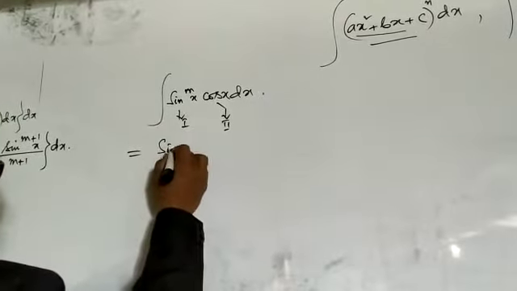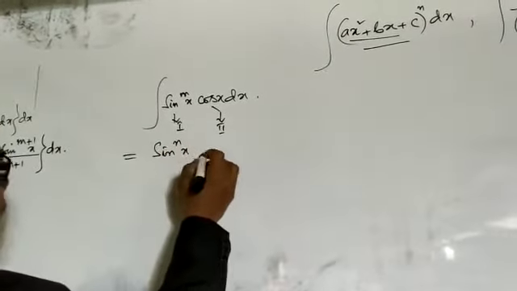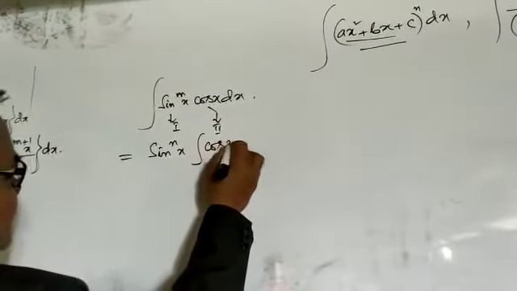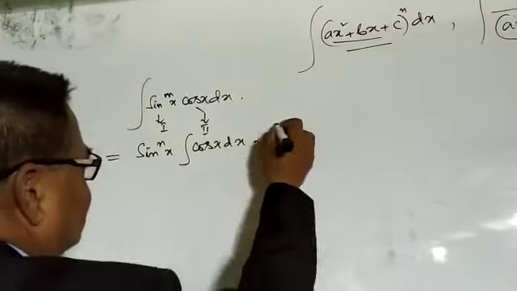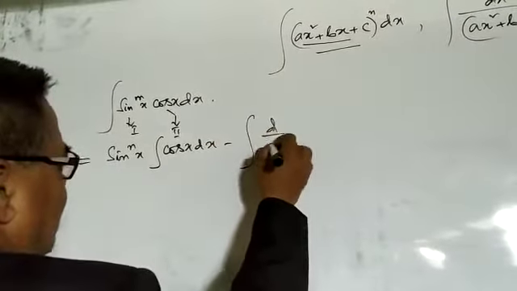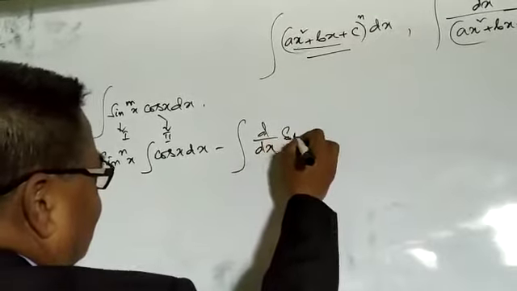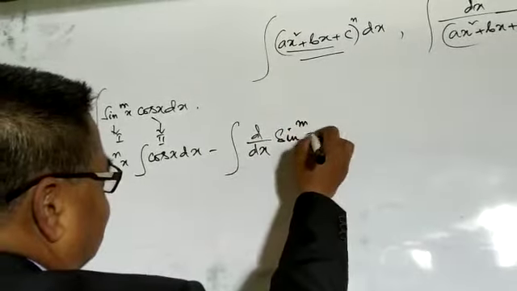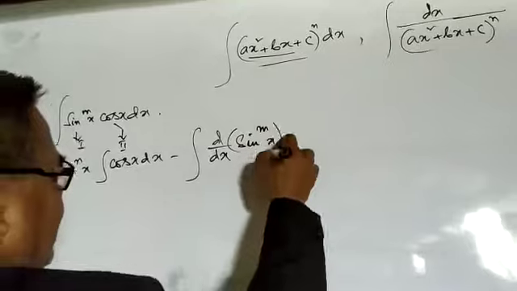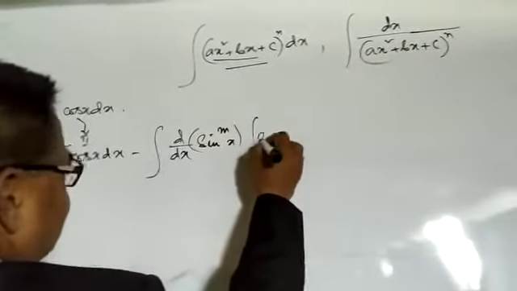First function constant, then integration of the second, minus differentiation of the first function and then integration of the second.